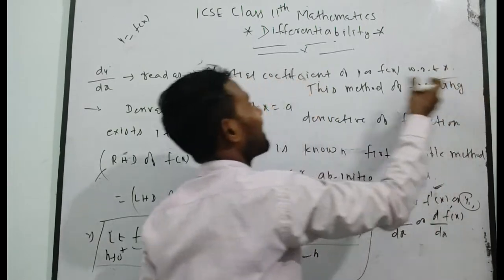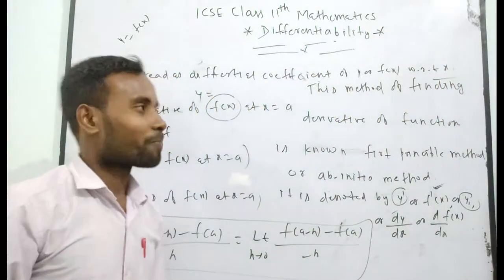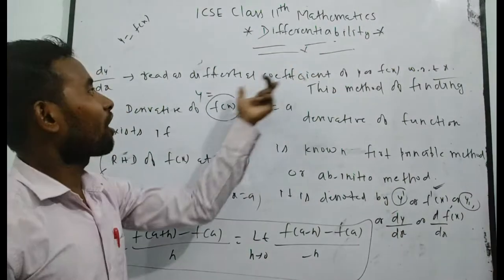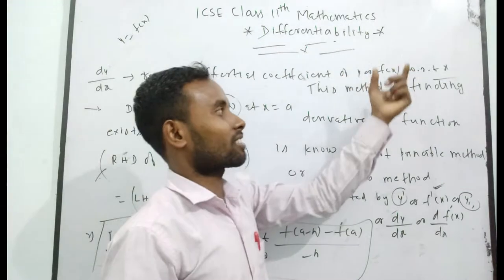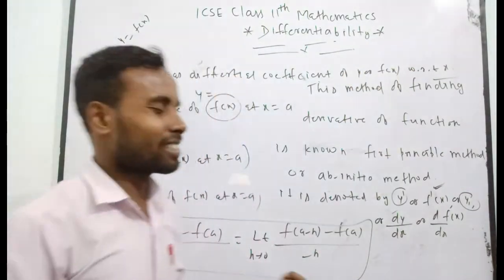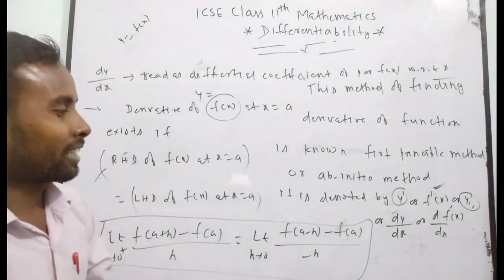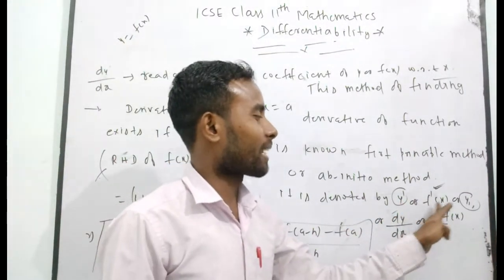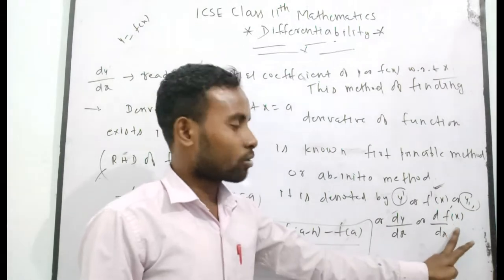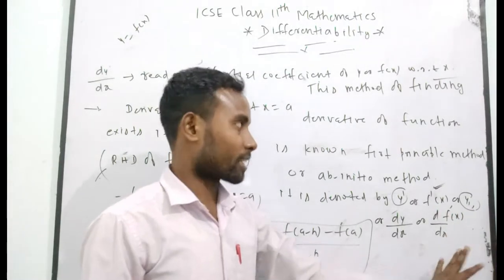But nobody reads it that way; such a long statement. They simply read dy dx. But all these are very easy: y dash, f dash x, y1. They are all the differential coefficient of fx with respect to x.